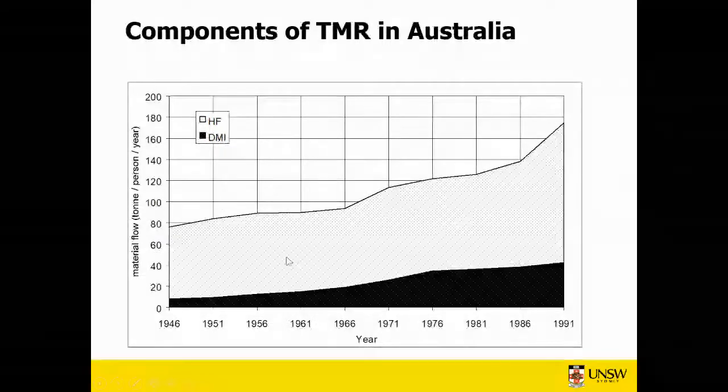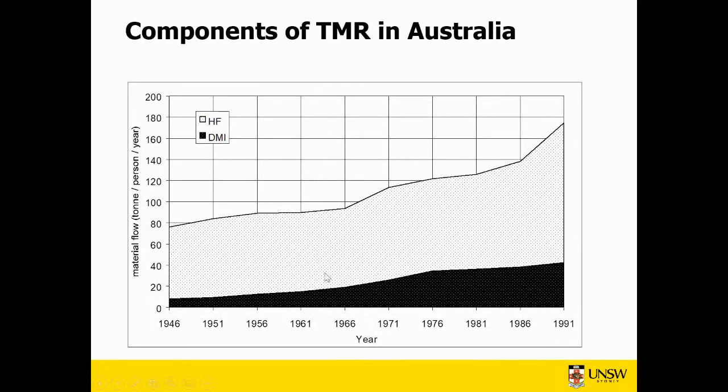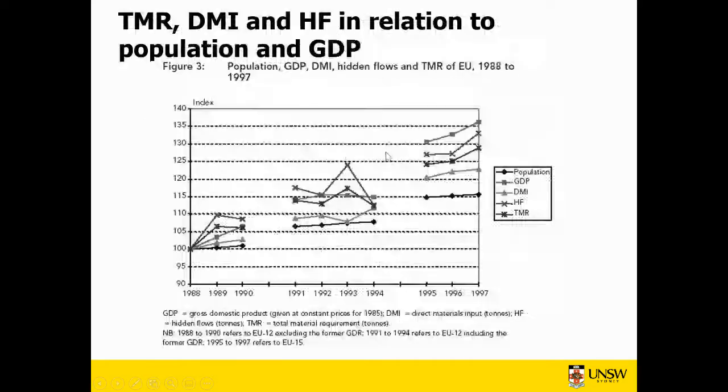Here's an example of Australia and how it has changed over the years. We see that, interestingly, the direct material input increased proportionally more than the hidden flows, but there is still a lot of hidden flows here. And here is just showing how this changes with population. Sometimes there is a correlation, sometimes there isn't.